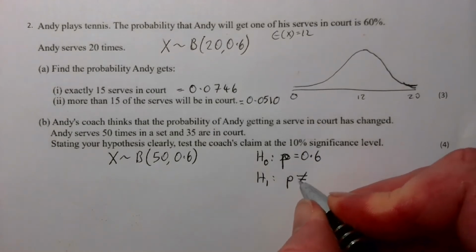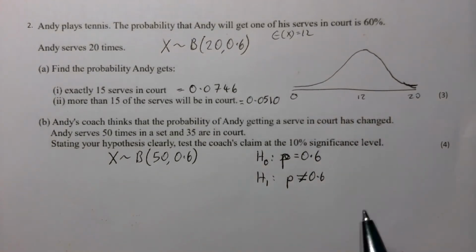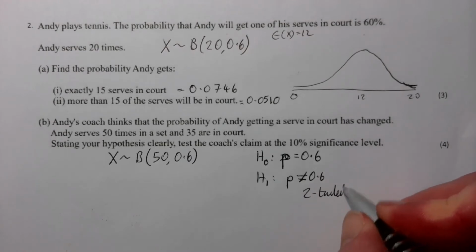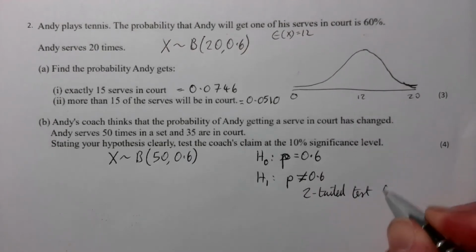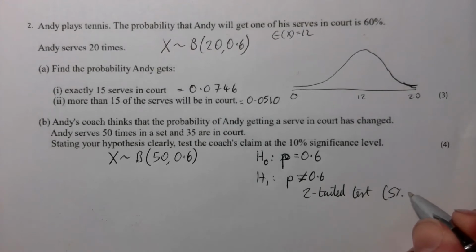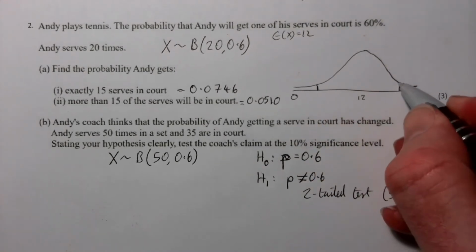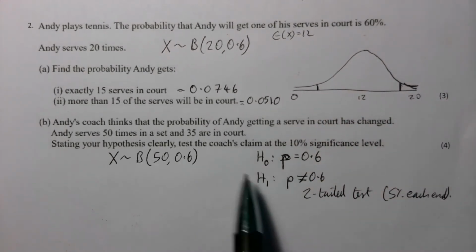So that means it's not 0.6, and that means we're looking at a two-tailed test, 5% at each end, which in terms of our graph would be somewhere up here and up here. And they're saying that 35 have been served in court.